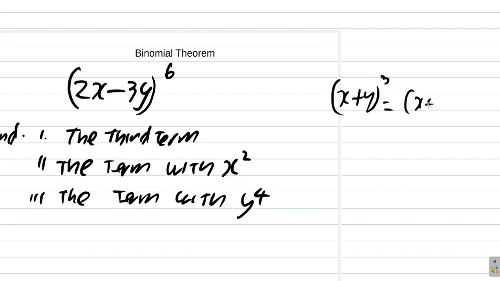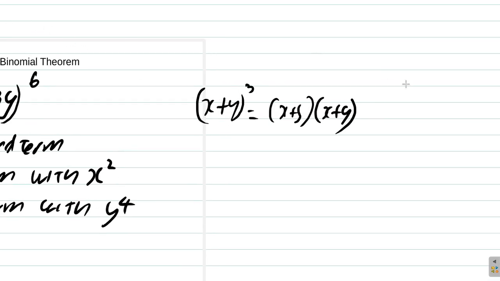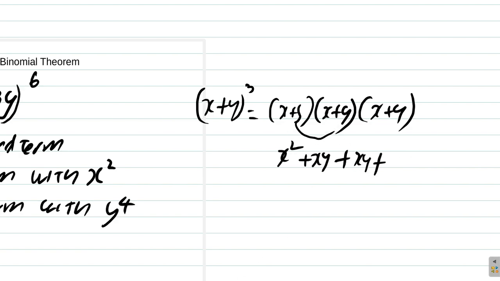This is x plus y times x plus y times x plus y. And then you say, alright, x by x is x squared plus x by y is xy plus y times x is xy plus y times y is y squared, and that multiplies x plus y.